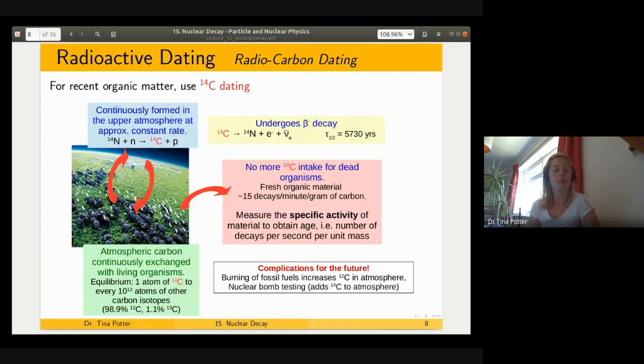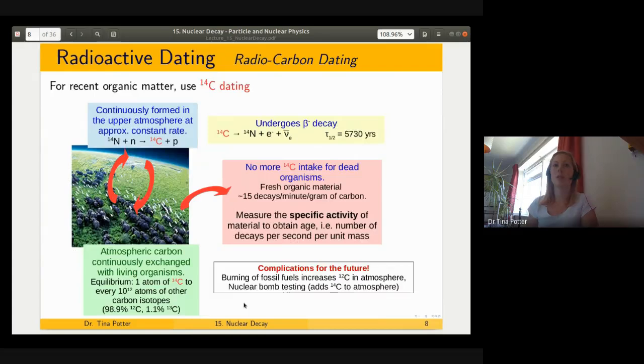We've also unfortunately done lots of nuclear bomb testing around the world, and that has significantly increased carbon-14 in the atmosphere. So this equilibrium that we thought we knew for carbon-14 unfortunately has a lot of complications now that we've burnt lots of fossil fuels and done all our nuclear bomb testing. But there are other isotopes that we can do radio dating with as well.